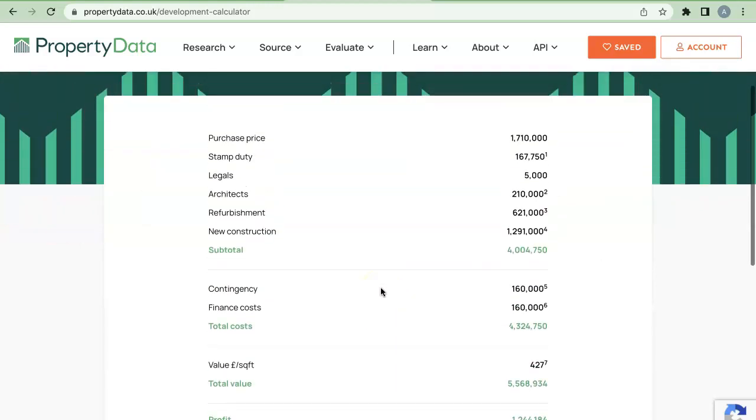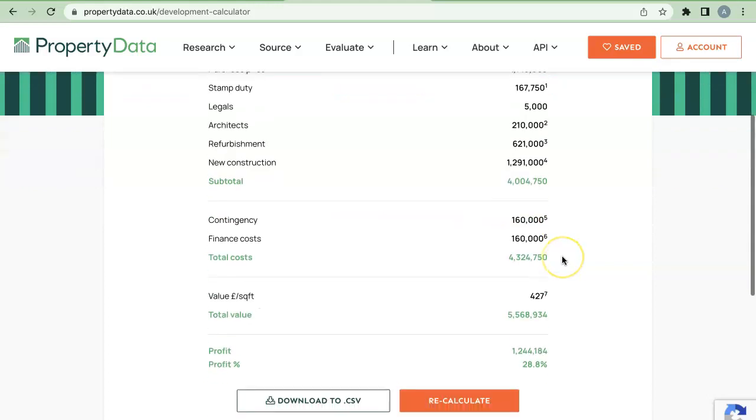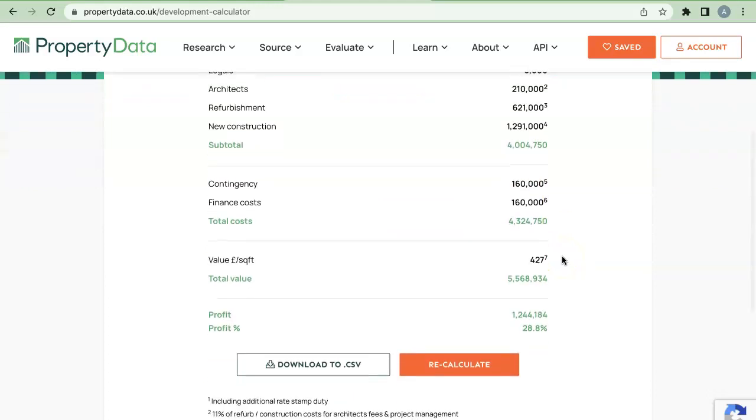It comes up with the purchase price that we input, which was our assumption. It calculates the stamp duty, 167,750, the legals 5,000, architect's fees for the refurbishment and new build, refurbishment costs 621,000, and new construction costs 1.291 million, giving a subtotal of £4 million for development costs.